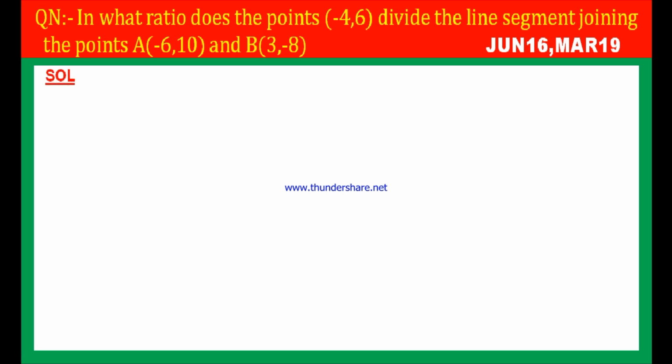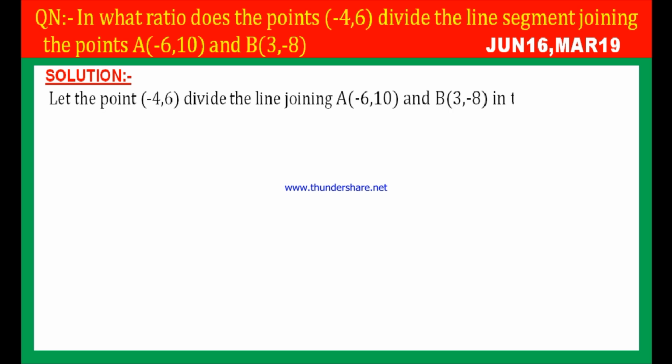Here is the solution. Here we are given a point (-4, 6), which is dividing the line segment AB. We have the coordinates of A (-6, 10) and the coordinates of B (3, -8).